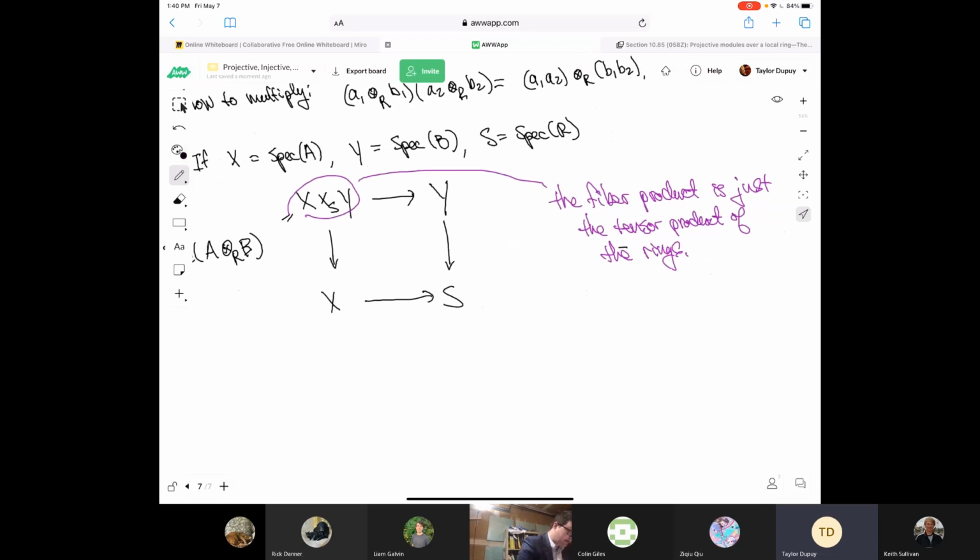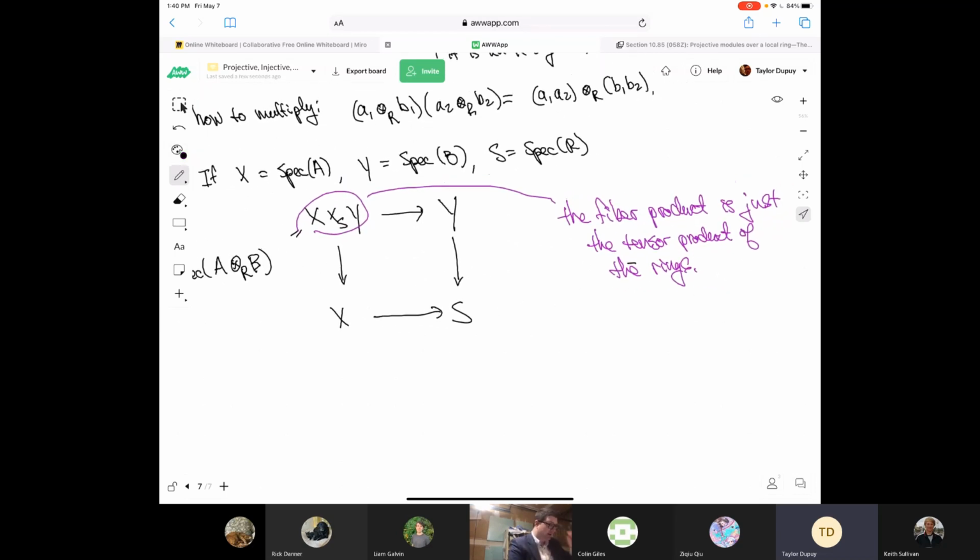Okay, so that's really cool. It allows us to do lots of geometric things with rings that maybe we wanted to do, but didn't know how to formulate.